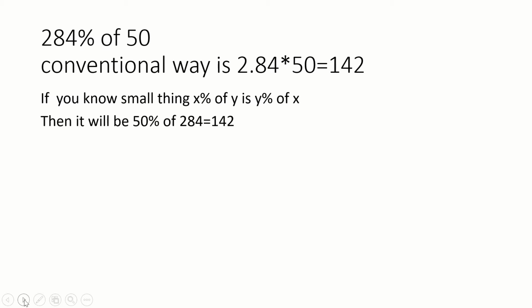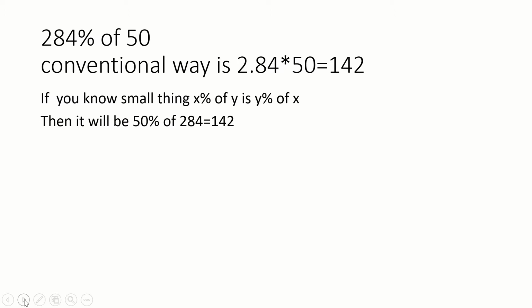But if you know a simple thing like x% of y is equal to y% of x, it means 284% of 50 is equal to 50% of 284. So you can simply say that 50% of 284 is 142, because dividing by two is very easy. 284 by 2 is 142. So this is a simple way of solving.